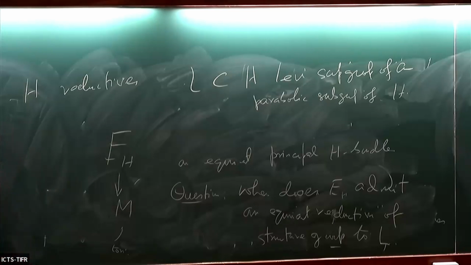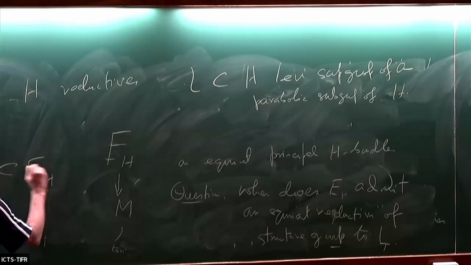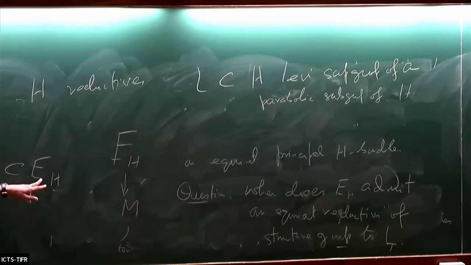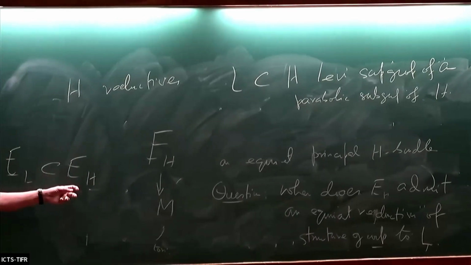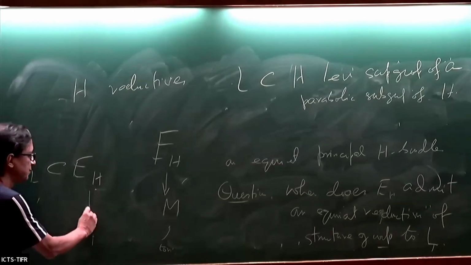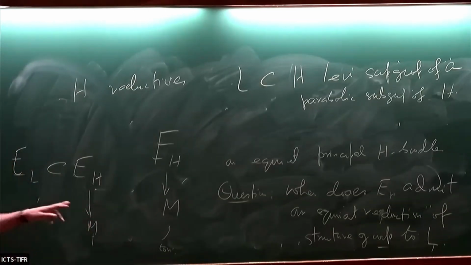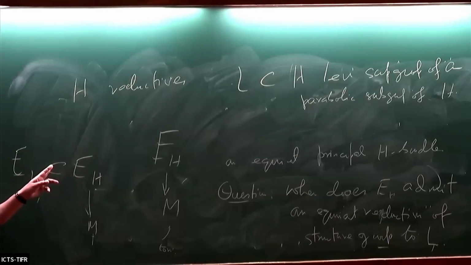Recall reduction of structure group means I have to produce E_L inside E_H. H acts freely and transitively on the fibers. Now consider the action of L, which is a subgroup.